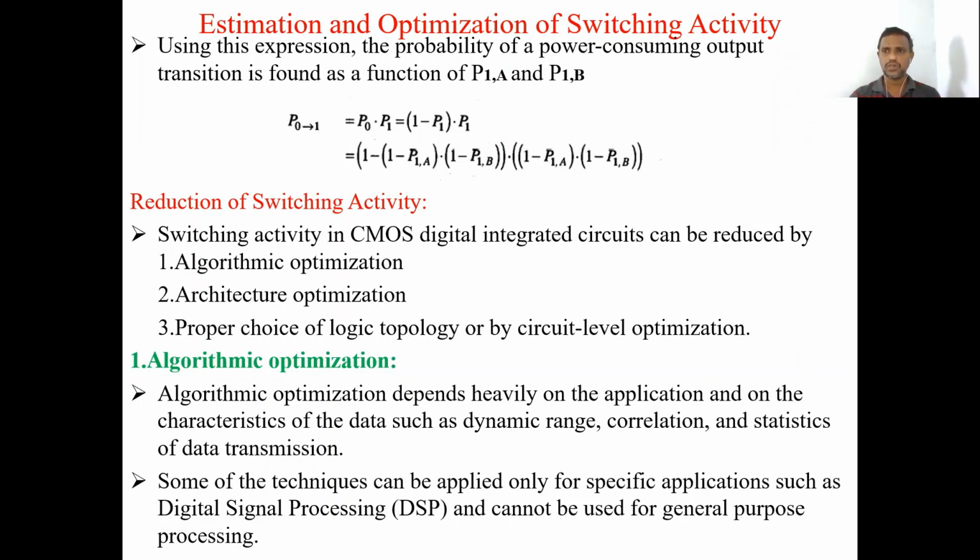You can also consider logic 0. If P0A is the probability of input 0 at A, and P0B is the probability of input 0 at B, then you can easily calculate the output probability of obtaining logic 0 at the output side. In a similar manner you can calculate for other input combinations.